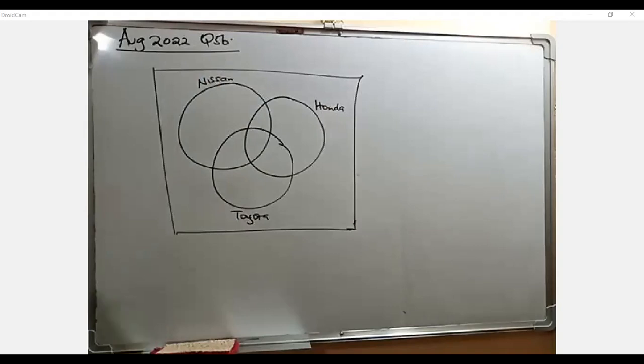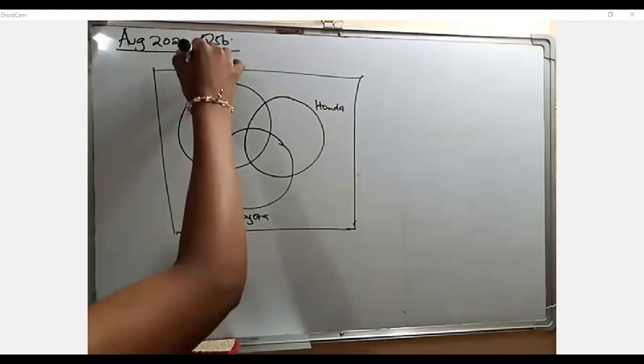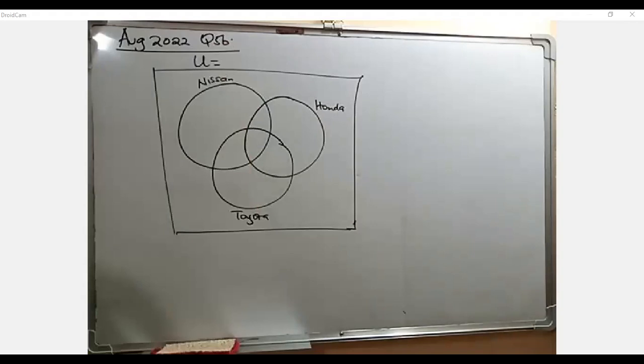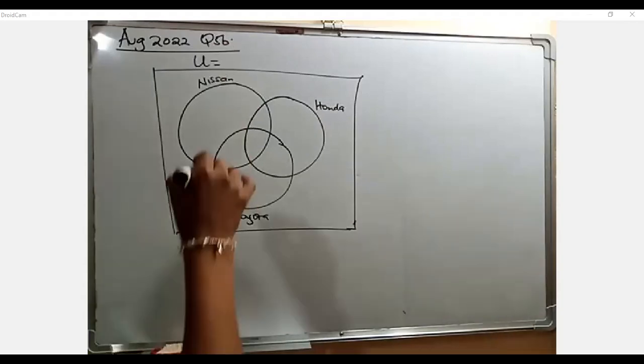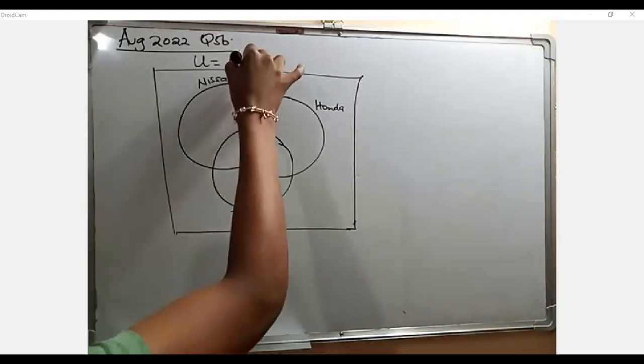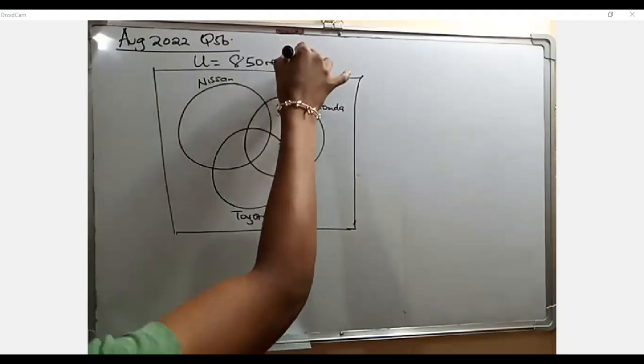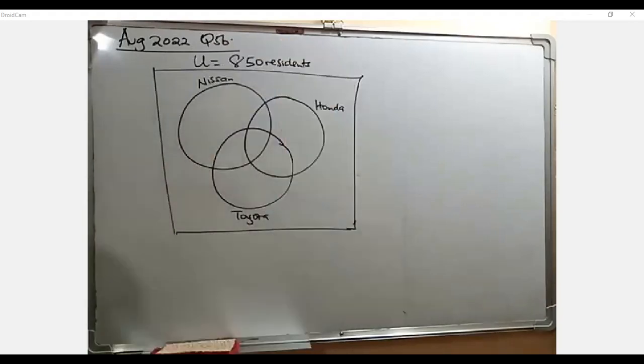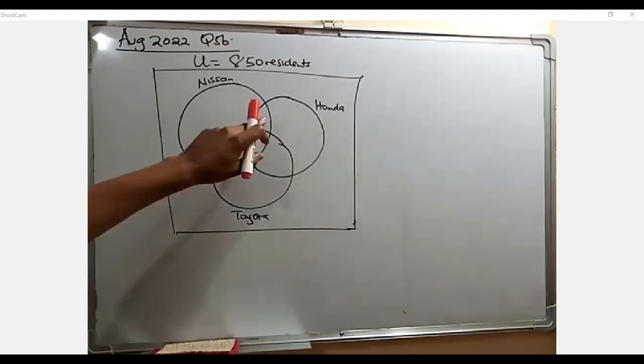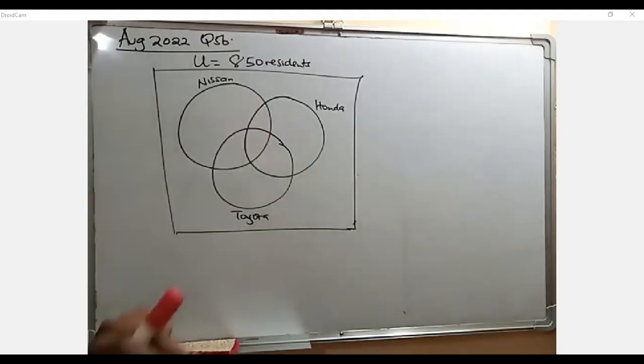Remember the analysis that you are doing. That is what we call the universal set, which is equivalent to 850 residents. I just want to name my empty spaces to ensure that I get the required answers.